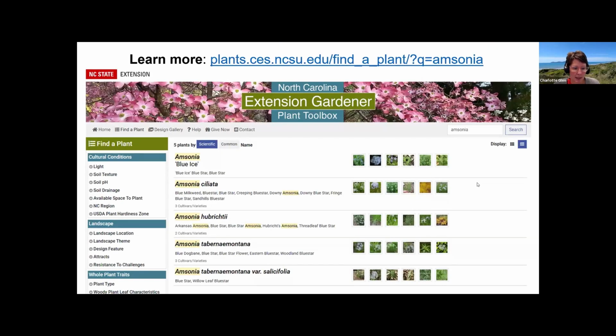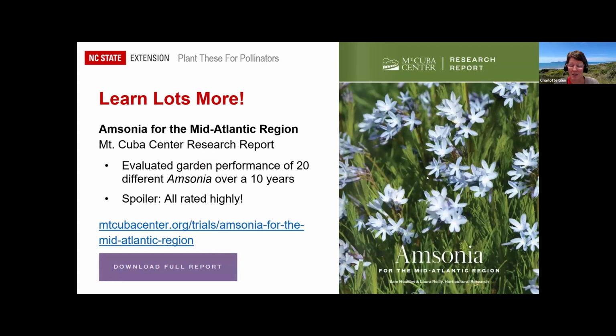So you can explore these Amsonias on the Plant Toolbox, learn all about them, see lots more pictures. And if you really want to dig deep and learn almost all there is to know about Amsonia, there is an excellent report from the Mount Cuba Center, which is up in Delaware, and they do trials of various native plants from the Mid-Atlantic, many of which, of course, are very applicable to us here in North Carolina.